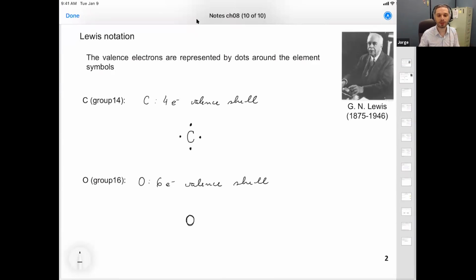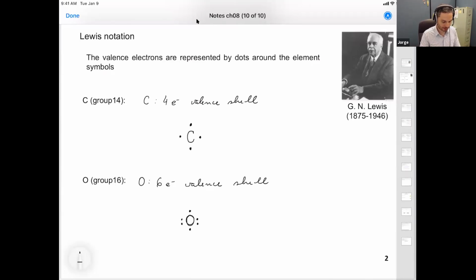And now we are going to distribute 6 electrons around the oxygen. 1, 2, 3, 4. Doesn't matter how you go with the 5th and the 6th. I'm going to go like that. The important thing is that you need to show that there are 6 dots around the oxygen atom. Each dot represents one of the electrons in the valence shell.